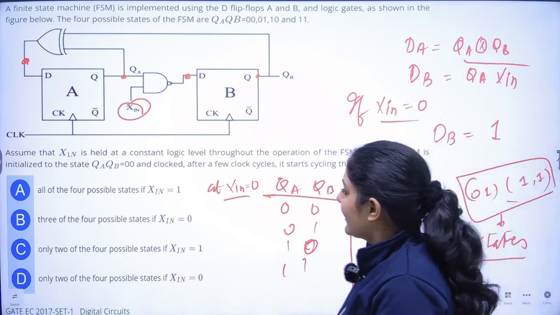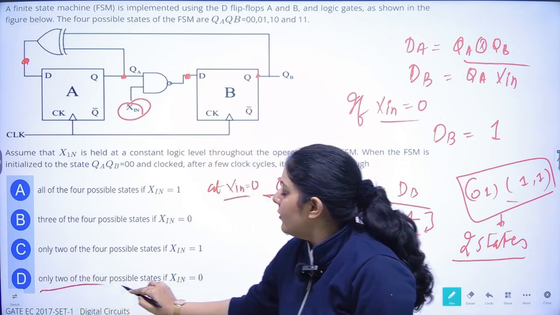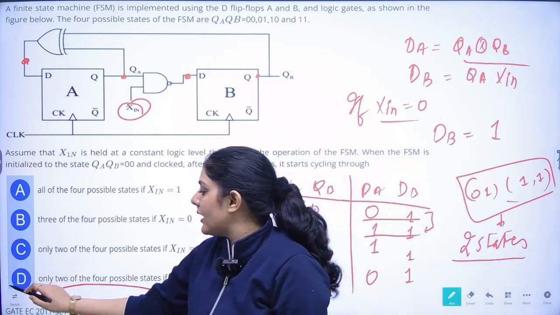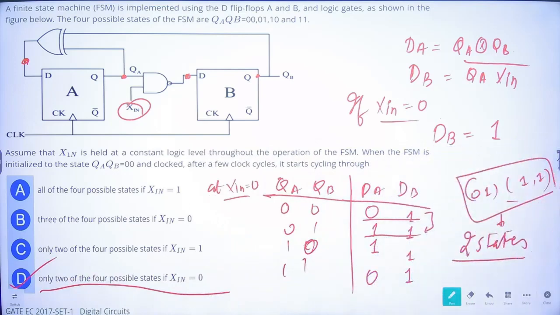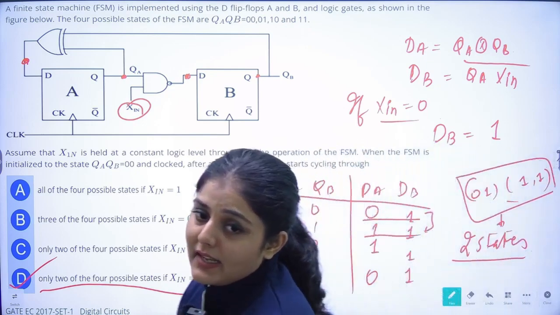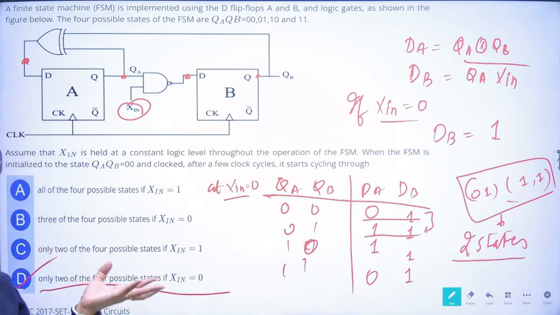So for x in equal to 0, only two states out of four possible states, so that will be your correct option. So this is how we can easily calculate how many states will be present by simply drawing the truth table.